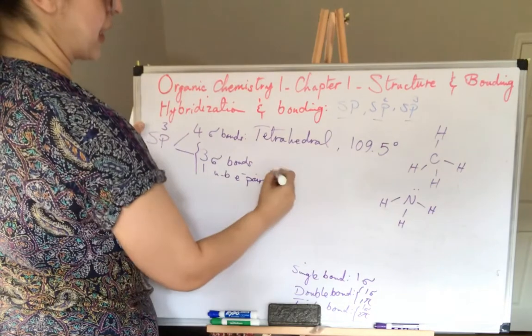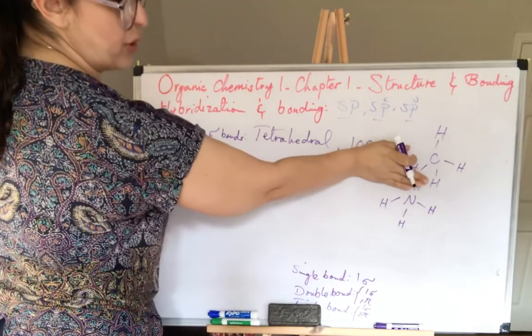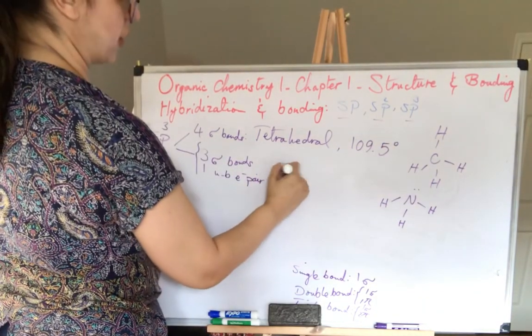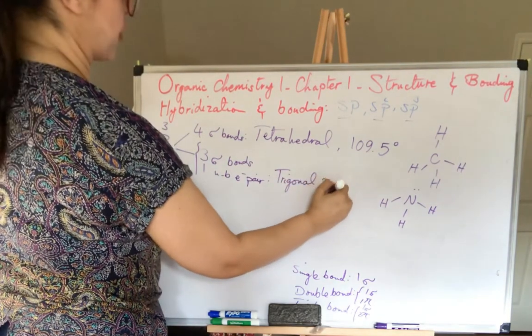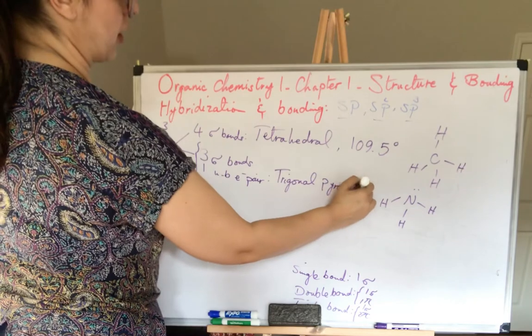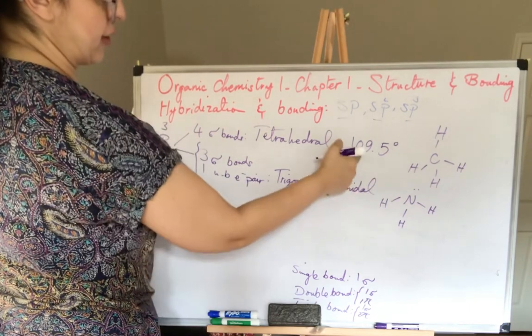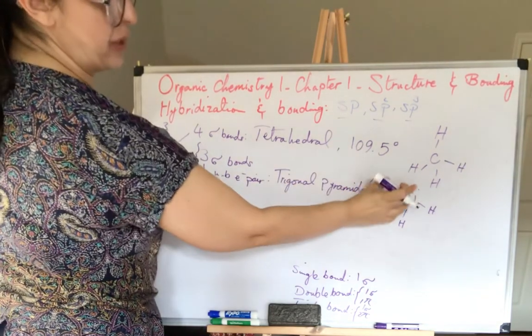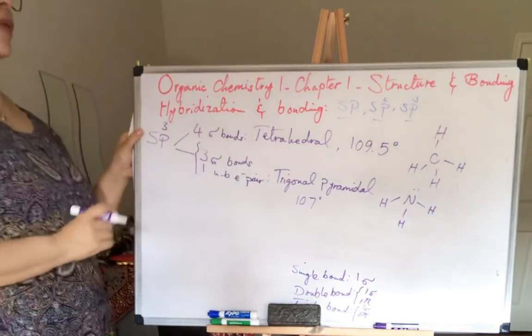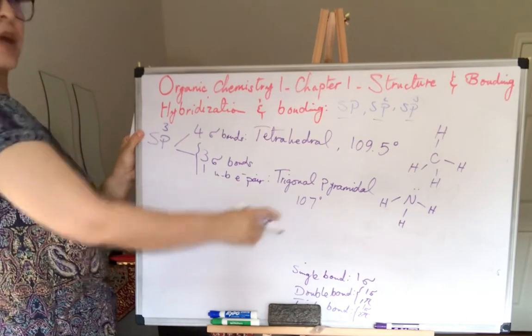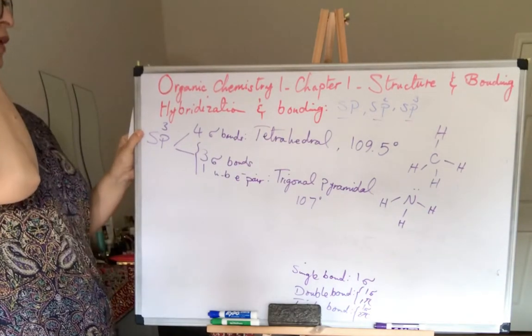So the shape, do you remember we would consider it as a trigonal pyramidal? Trigonal pyramidal. And the bonding angles are a little bit more squeezed because of the non-bonding electron pair. So instead of 109.5, you had 107.